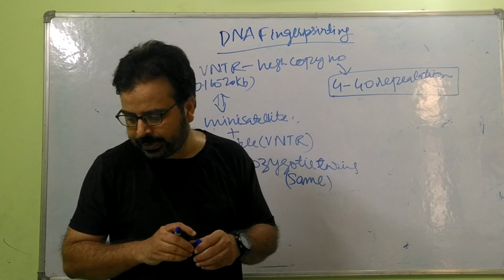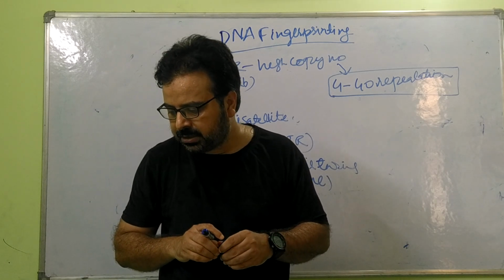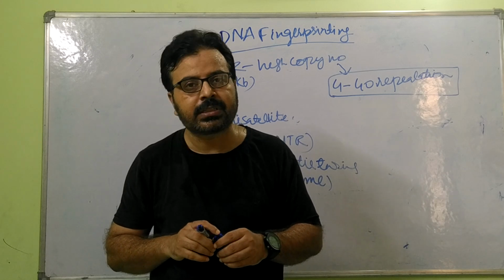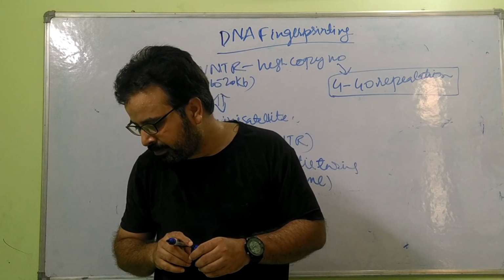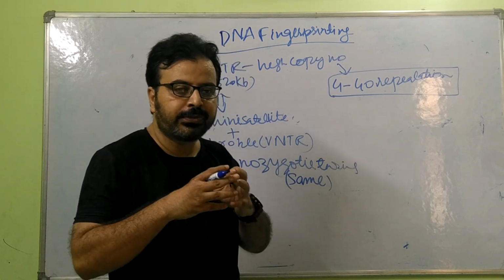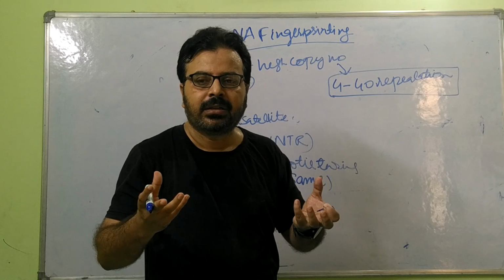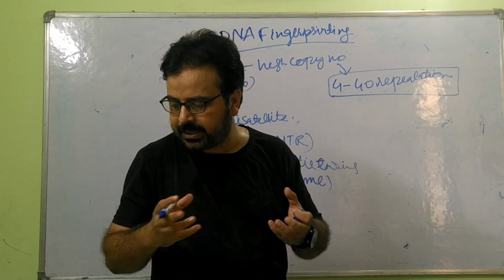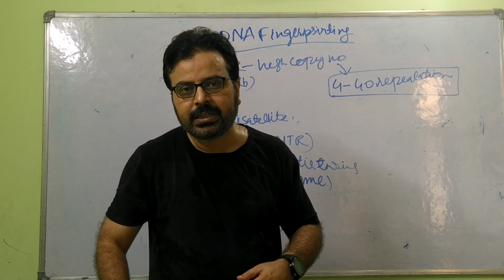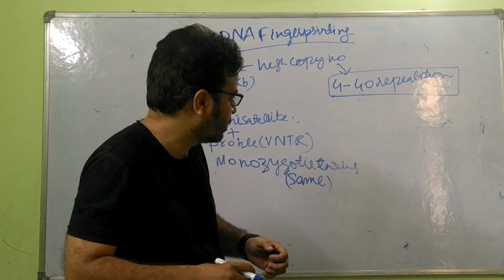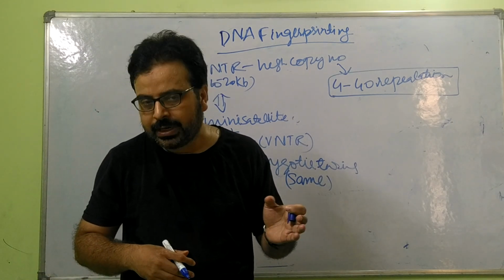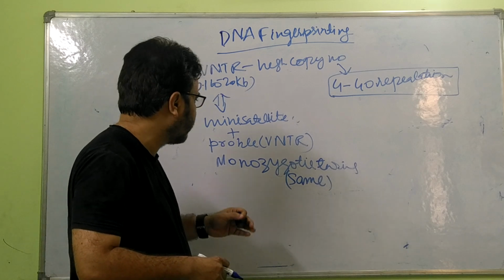Through that technique we can learn about differences within the twins. Monozygotic twins occur after the blastocyst splits in two, so the same zygote becomes two. They are the same in their repetitions, so far as we judge through VNTR, and the differences can be judged through SNPs, or single nucleotide polymorphisms.